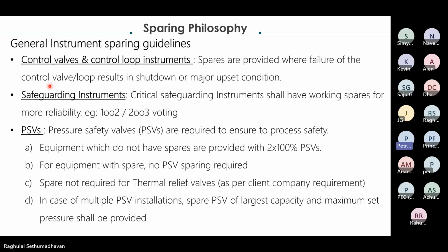Next is for control valves. Spares are provided when failure of a control valve will result in shutdown. Then for safeguarding instruments, spares are provided for more reliability, like 1 out of 2, 2 out of 3 voting.